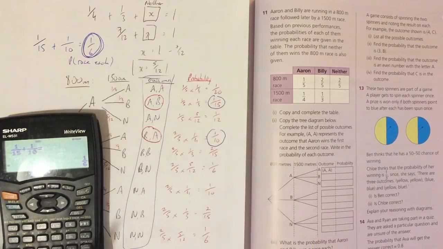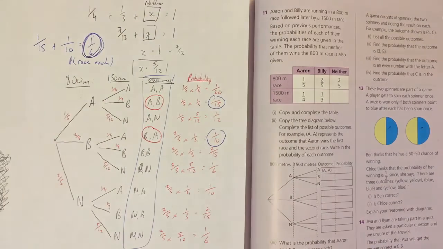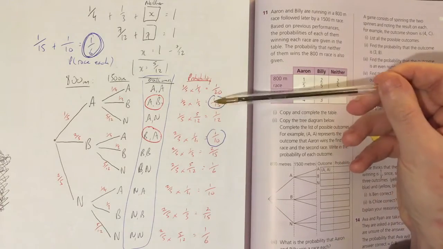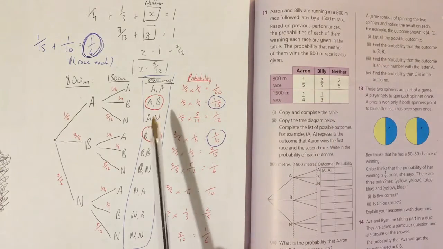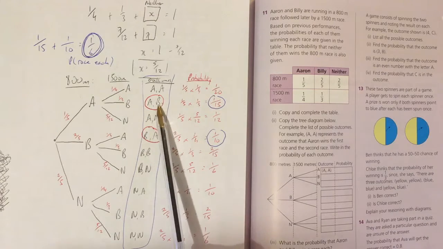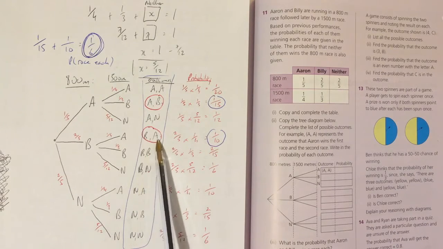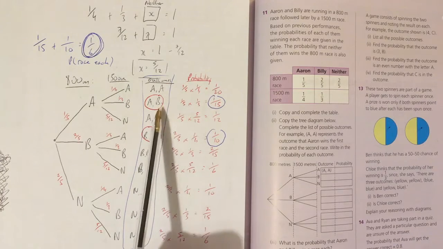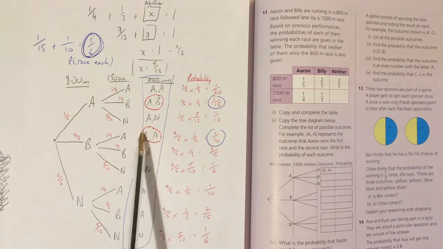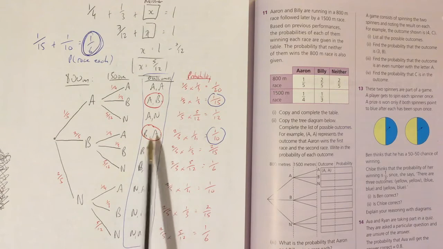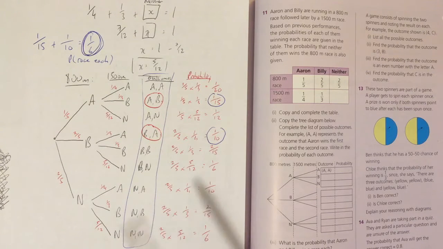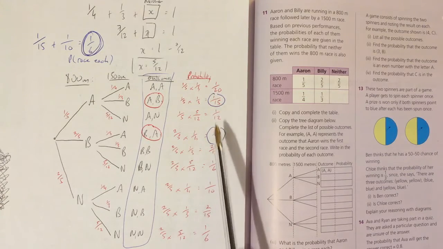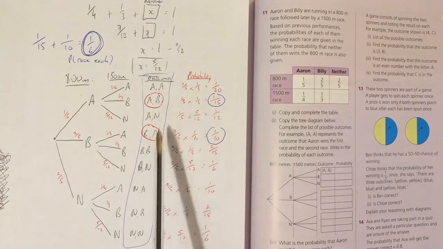So that's the probability of winning a race each. The reason I add them together is because these two things can't both happen. You can't have a situation where Aaron wins the first one, then Billy wins the second one, and Billy wins the first one and Aaron wins the second one. These are two distinct possible outcomes. So either this thing happens or this thing happens. When you've got or events in probability, this or this, you are adding the probabilities together. So I add them together and I get a 1 in 6 chance.